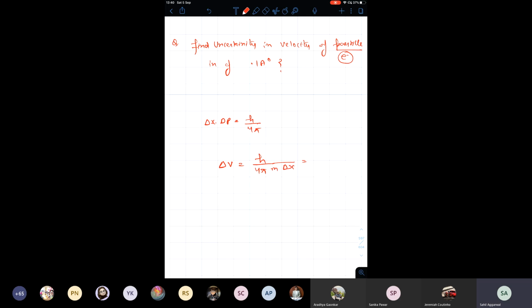All values you know: 6.6 into 10 to the power minus 34, 4 pi, m, and 0.1 into 10 to the power minus 10. Solve this, you will get the answer. Very simple questions come from this because they are formula based. All will be formula based.